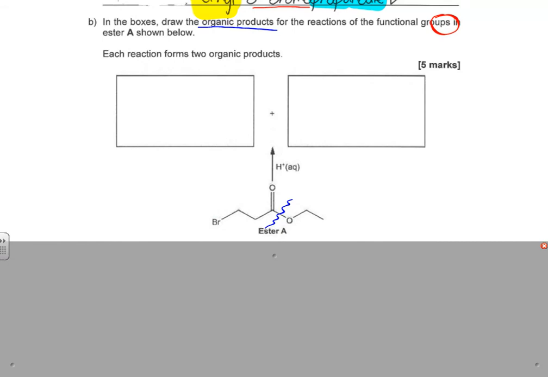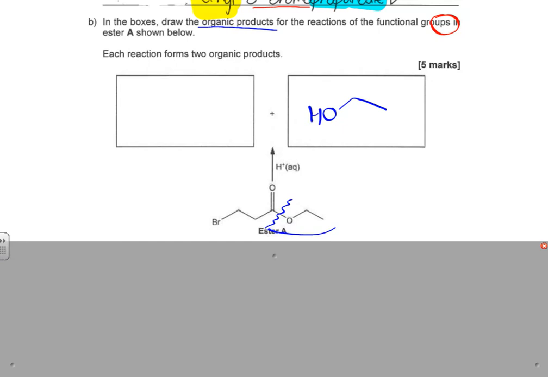So what I'm going to draw then are the products that are formed. Well, we said this was the alcohol portion. And with the alcohol portion, this bit stays exactly the same. And I'm going to use skeletal formula here. It's what I'm given in the question. I'm not going to change it around. I'm going to present it the way the examiner has presented it to me. That's the group that's fallen off the ester, but it must have come from an alcohol.